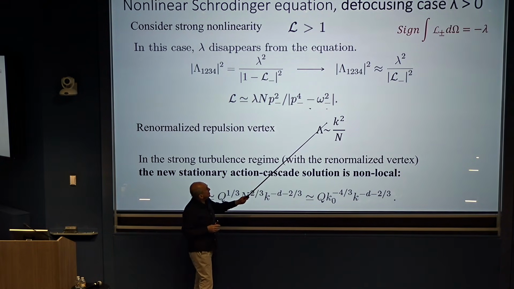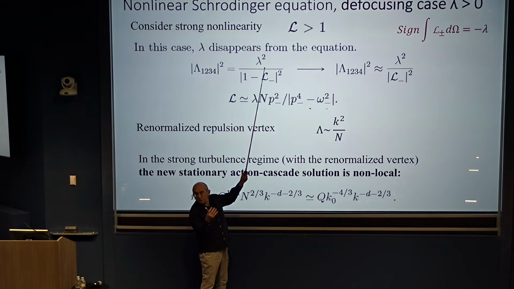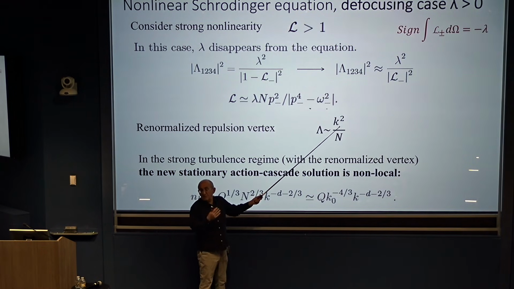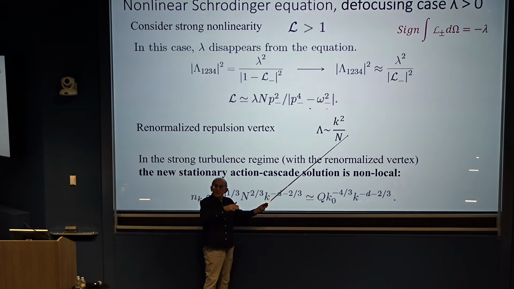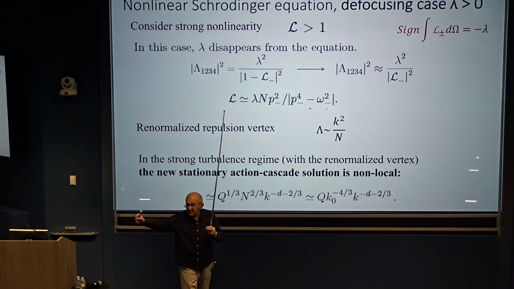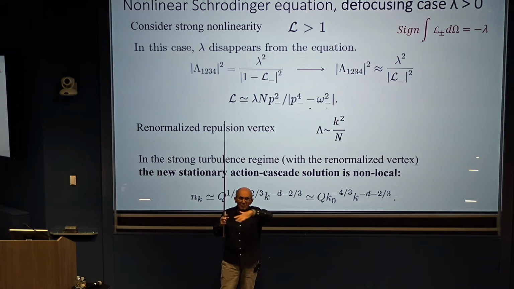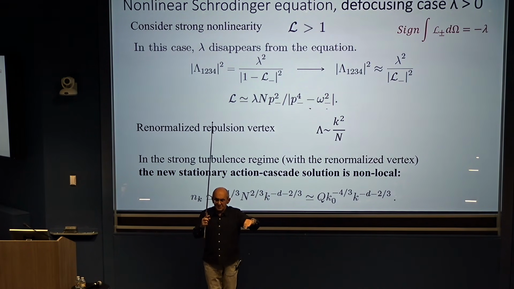And you see that my original lambda was constant, independent of wave numbers. This is dependent. The smaller k is, the weaker is the interaction, or the higher is the energy. In cold atoms, it means that fast particles can really feel inhomogeneities in your precondensate, and they interact stronger than very slow particles that go around.